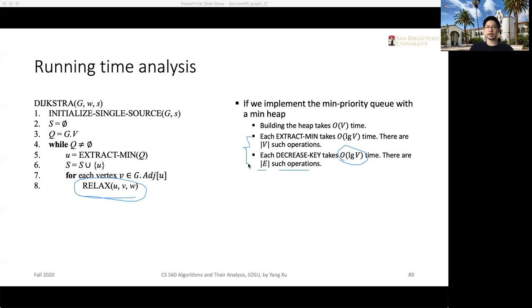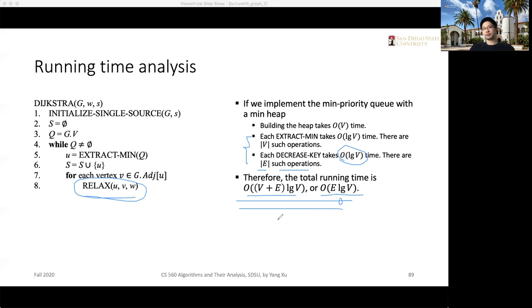So putting all these together, that is the dominant term. So the total running time would be big O of V plus E times logarithm of V, or big O of E times logarithm of V, if E is significantly larger than V. So that's something we can use as a conclusion for the running time of Dijkstra's algorithm.